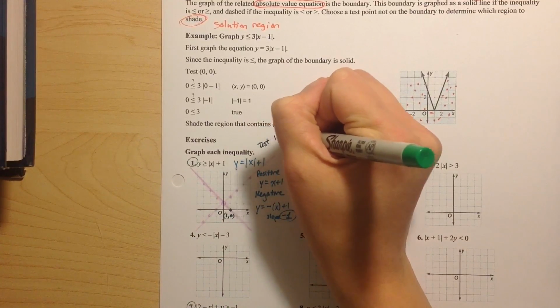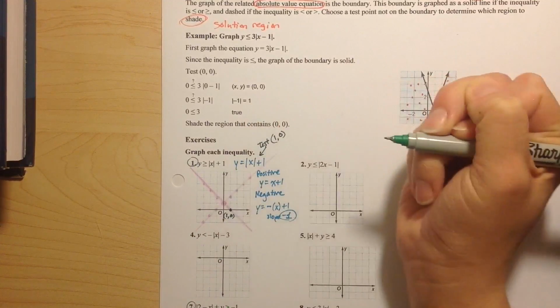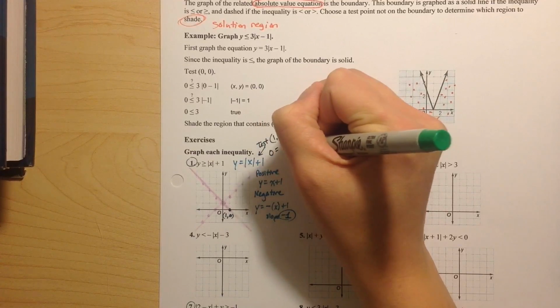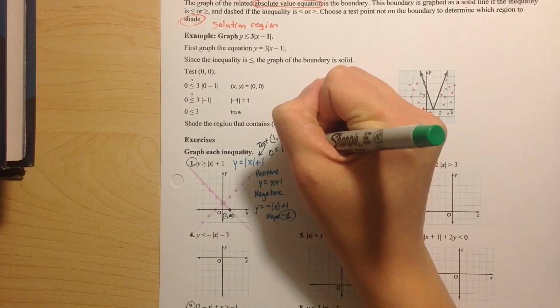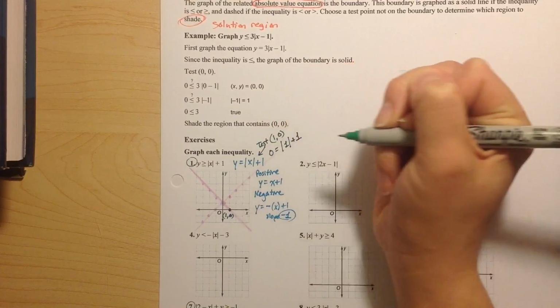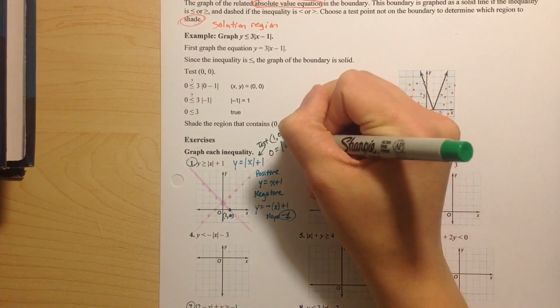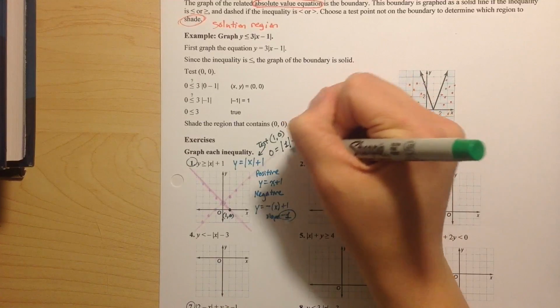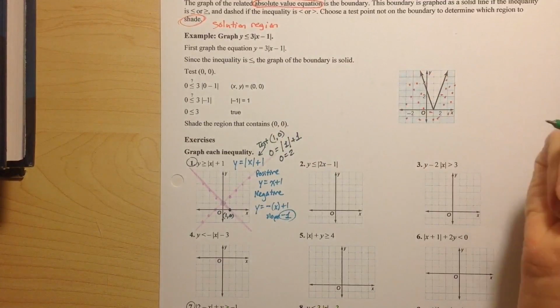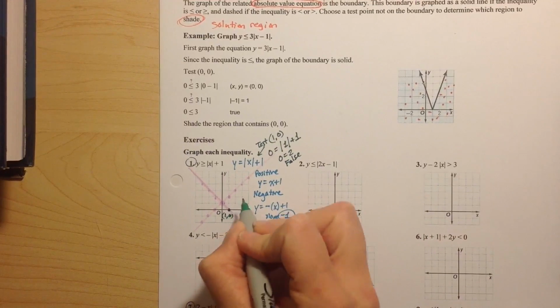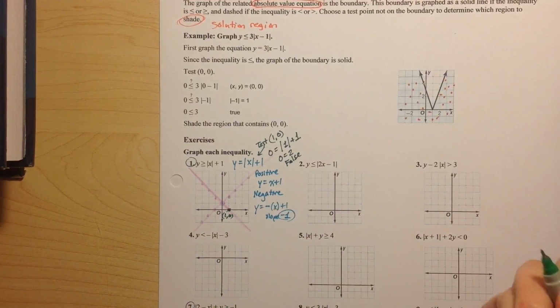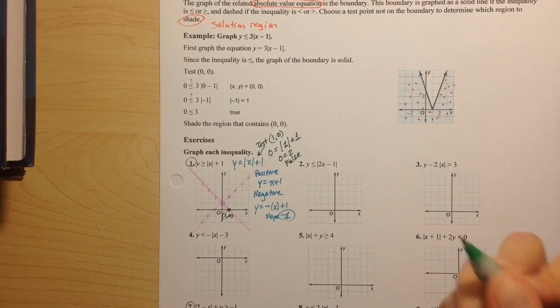So I'm just going to come up here real quick. Test 1, 0. In the original equation, y is equal to the absolute value of 1 plus 1. Well, that's just the absolute value of 2, which is 2. Does 0 equal 2? No, that's false. So that point is not on my absolute value line.